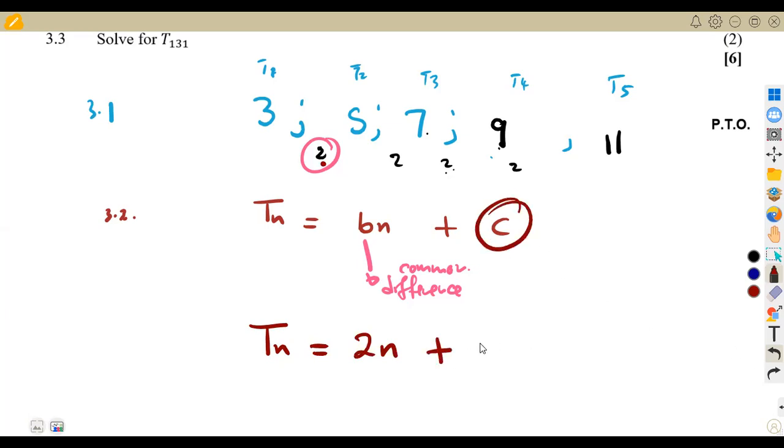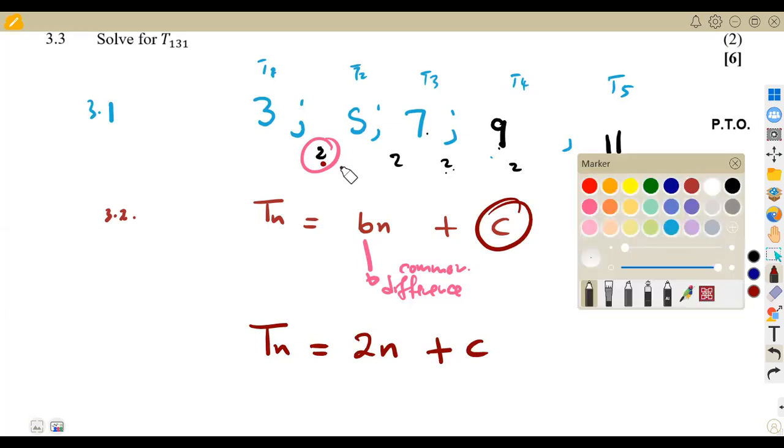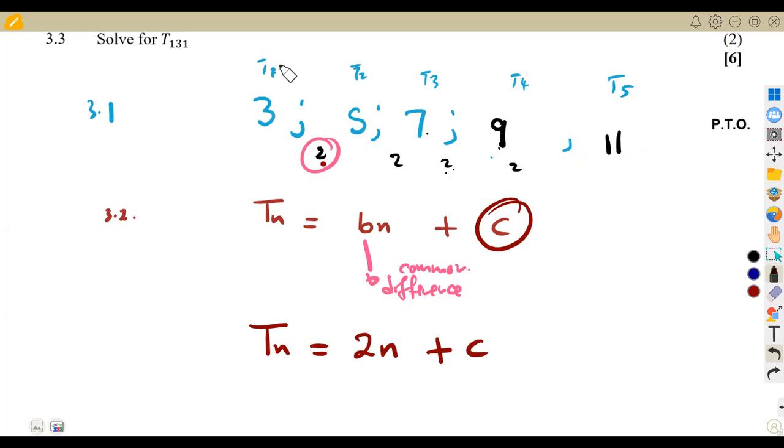In that case, you're going to find this C by substituting any of the corresponding parts. Remember, we are saying T1 is equal to 3. This is the first term, like n is 1. When n is 1, T gives us 3. T2 is 5, meaning when n here is 2, you must get a 5.